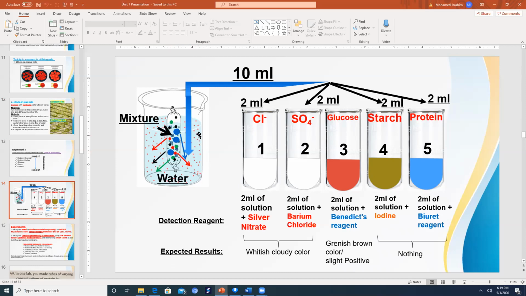So after 40 minutes, you took aliquots from here and you add the reagent and you detect and see which ones were able to diffuse out from the dialysis tubing. That was the main experiment. What you need to know from this experiment is the reagent used to detect what material, what it looks like if it is positive, and what it looks like if it is negative.